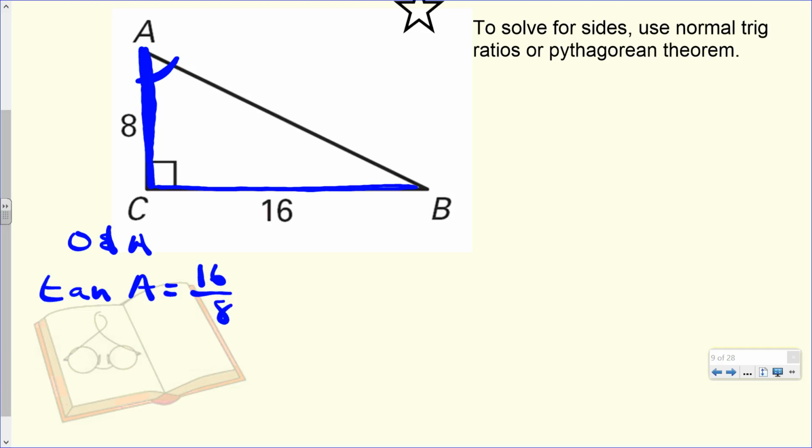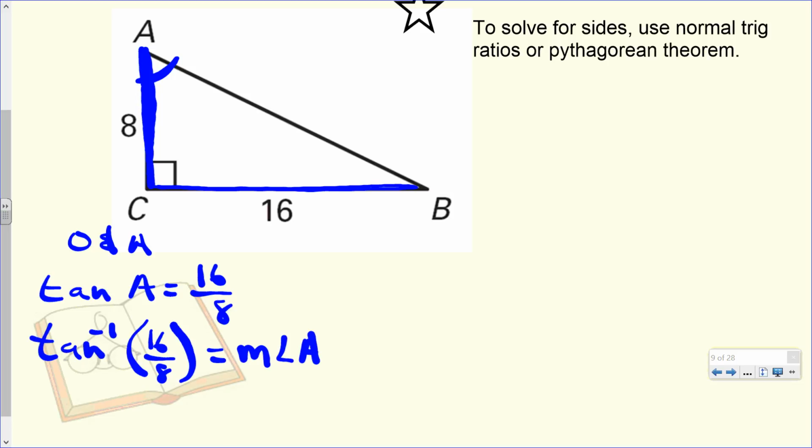But we don't know the degrees of angle A, so we're going to use inverse trig. That means the inverse tangent of the ratio will give us the measure of angle A.